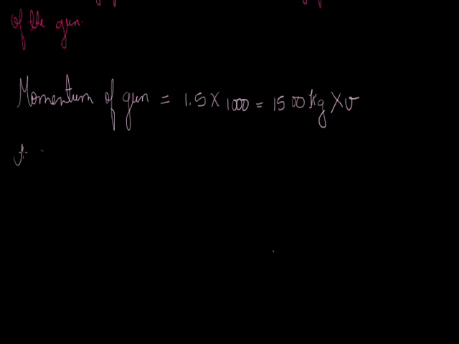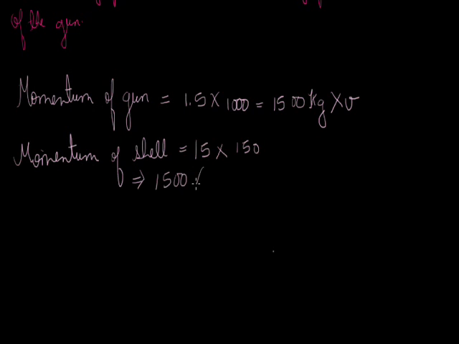Now next we will calculate the momentum of shell. So for its momentum we will multiply its mass, that is 15 kg, by its velocity, that is 150. Okay, so according to law of conservation of momentum, 1500 into V must be equal to 15 into 150.